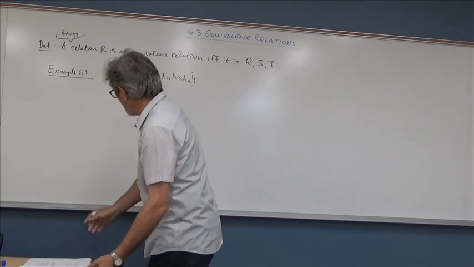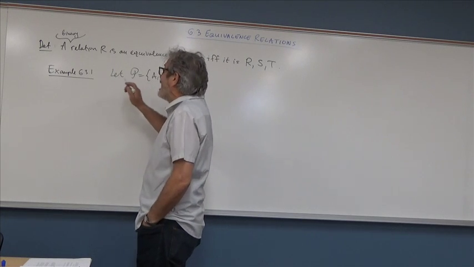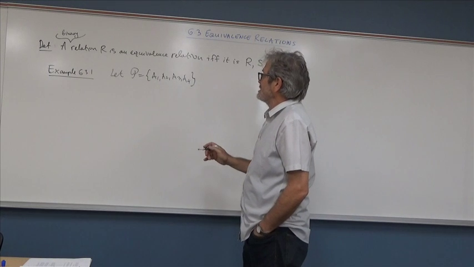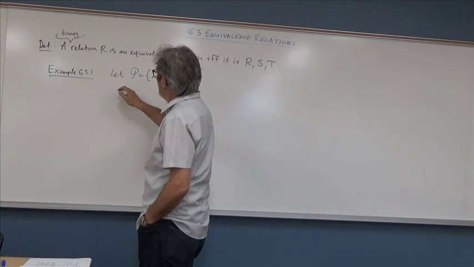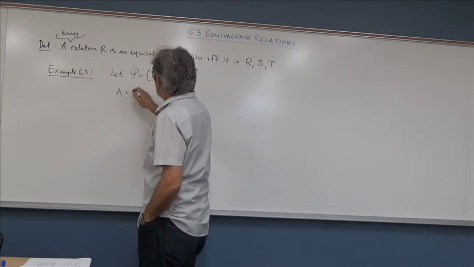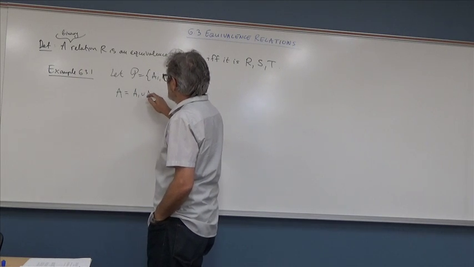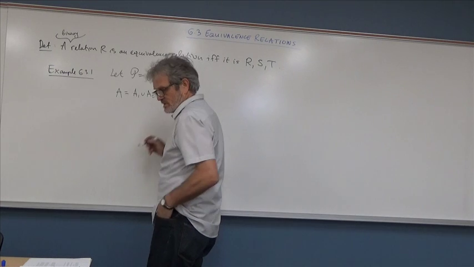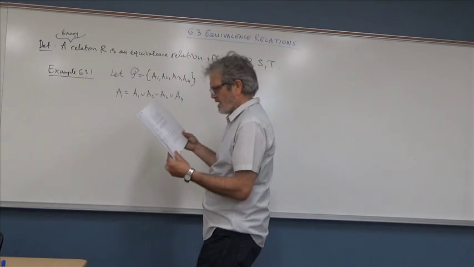And let us define a relation among the elements of A. Let A be A1 union A2 union A3 union A4.